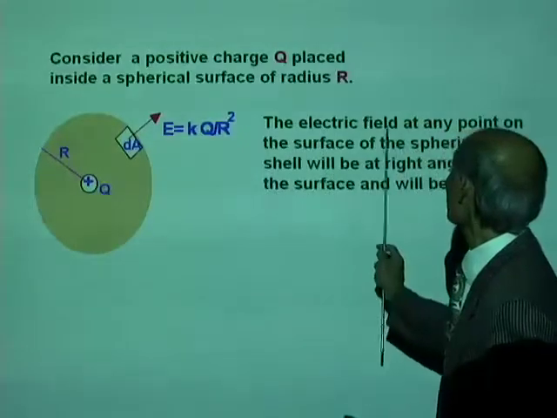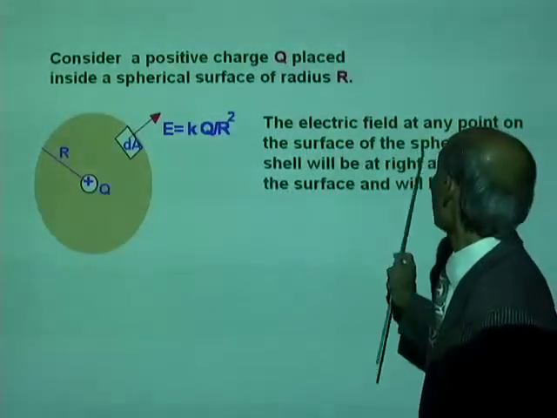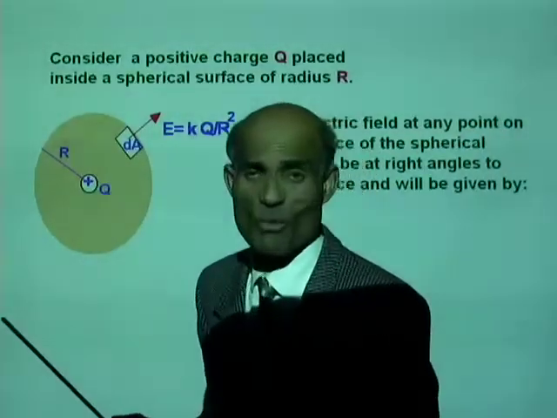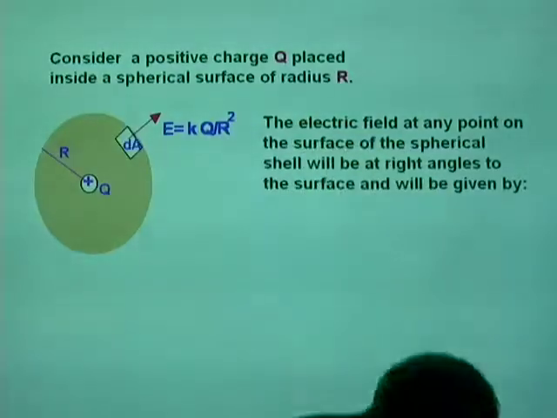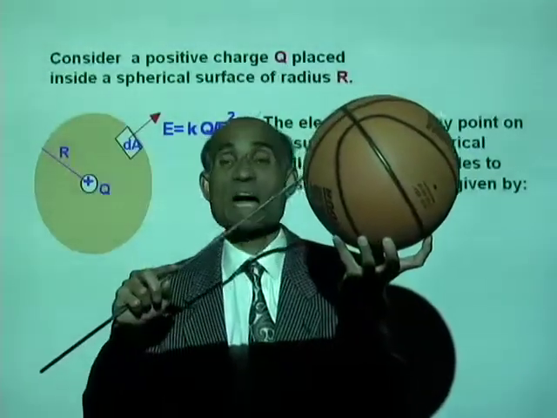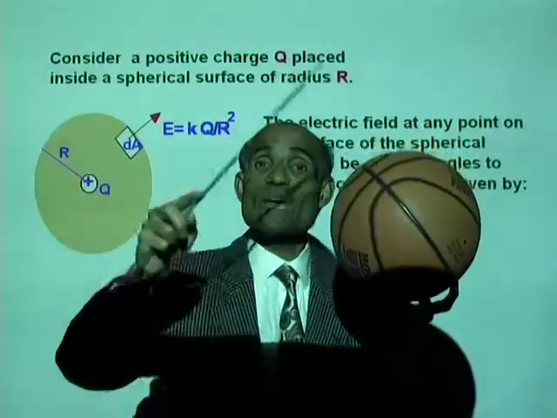The electric field at any point on the spherical surface will be at right angles. Why is the electric field at right angles? Because when you have an electric charge at the center, the field lines will be along the radius.